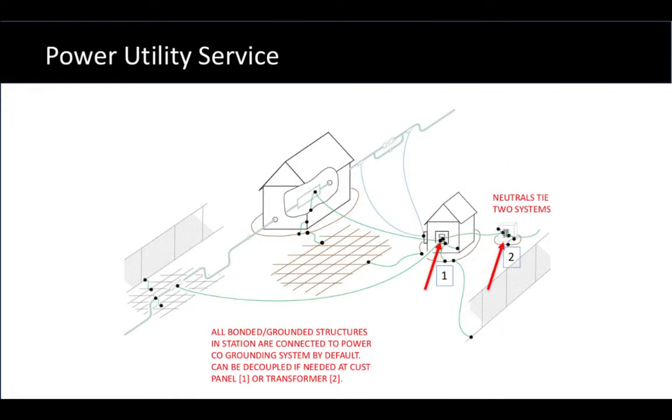There are 2 points of possible decoupling and isolation for cathodic protection when it comes to your incoming power from the power company. And there's going to be many more details than we could ever talk about in this presentation, so I'm only going to just introduce the subject. At points 1 and 2, those are possible points of isolation and decoupling. One of those could be done by the user, and that's point number 1, because it is done on your side of the meter.